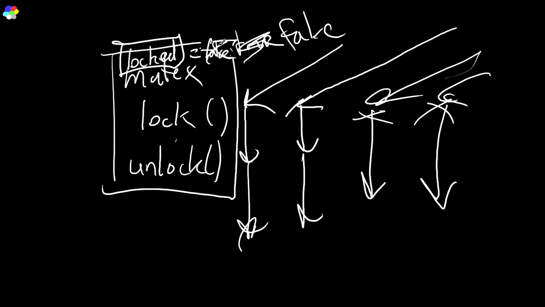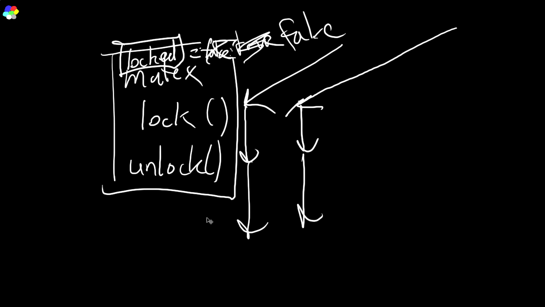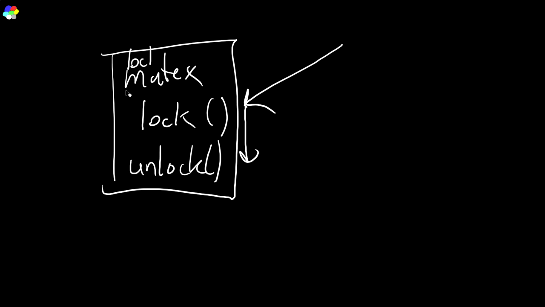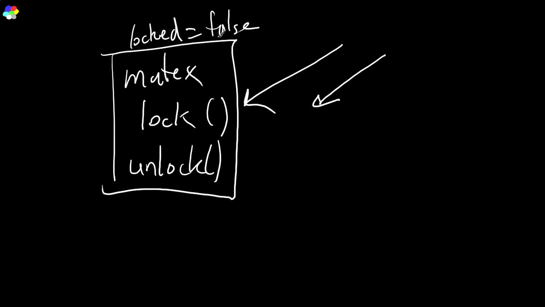Now, the beauty of the mutex, and the thing that makes it special, is this. Think about how you would implement it just with standard C code. If you had two threads that access lock at the same time, what does lock do? Well, lock is going to check: is locked equal to true? And if it is locked, it's going to block the function.